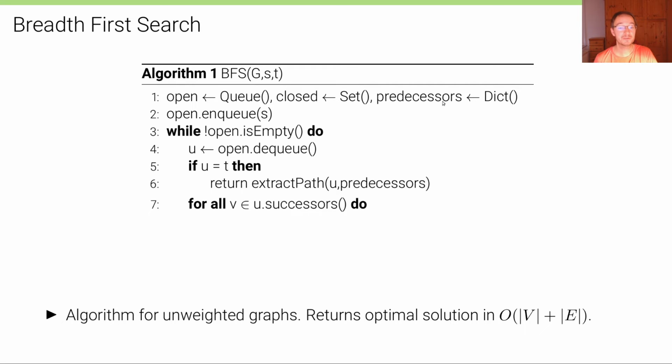And what we're instead going to do is, for all the successors of that node that we have dequeued, in this case in the first step S, we're going to go through the set of successors and do the following.